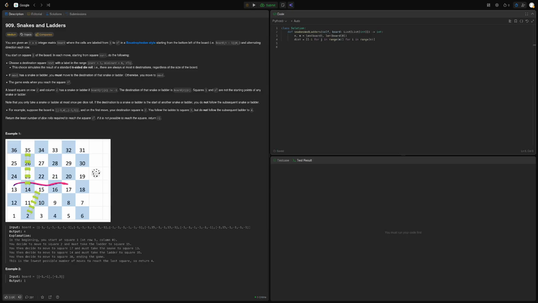So these distances, and this 0 0 is 0, and then we start.